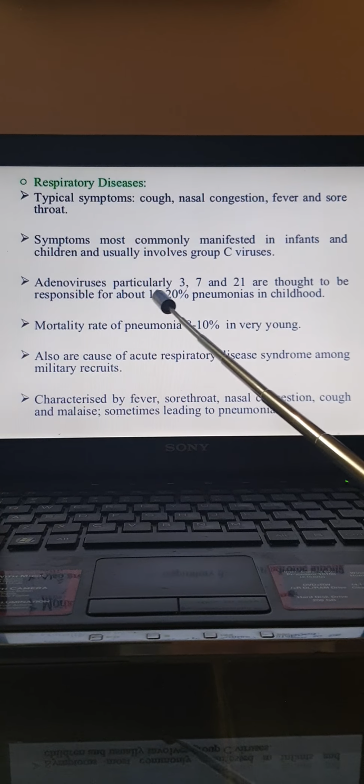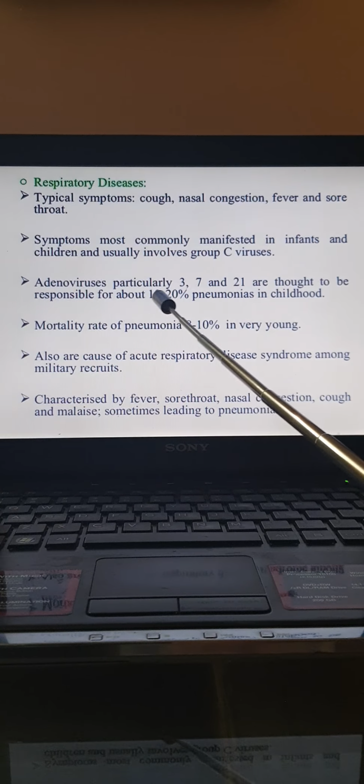Apart from respiratory tract infection and gastrointestinal tract infection, they can also cause severe disease, especially in immunocompromised patients. It is more common in transplant recipients, where it can cause respiratory disease, and it may progress to pneumonia, which may be fatal.